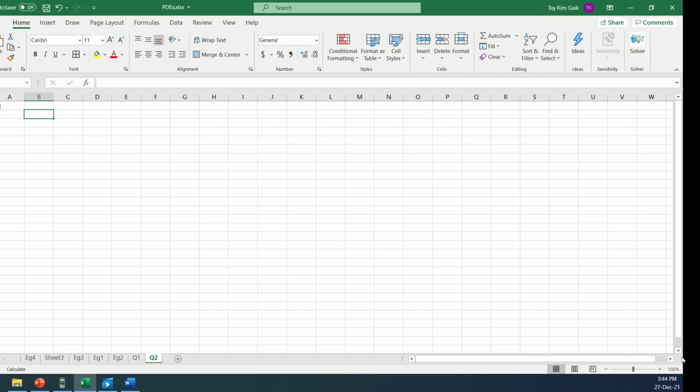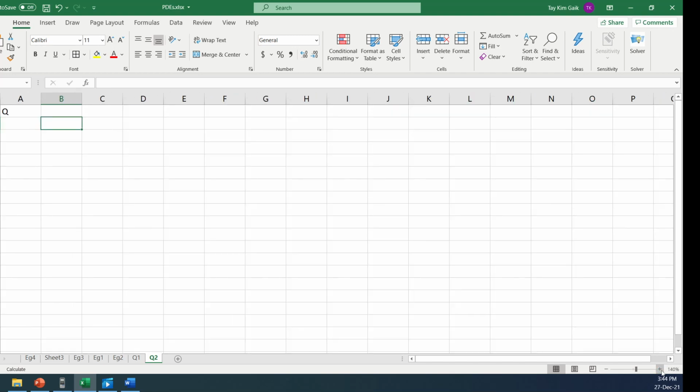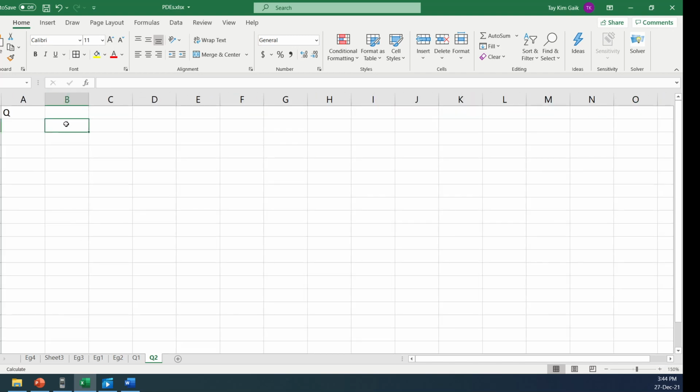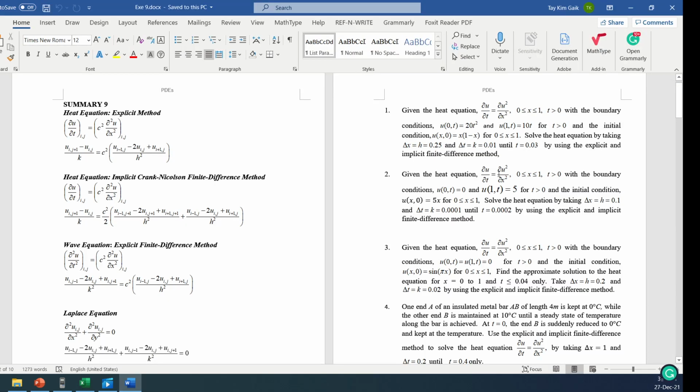Let's say this. Okay, you may put up the h is 0.1, k is 0.0001, and the c squared is from the coefficient of ∂²u/∂x². Okay, hold on.